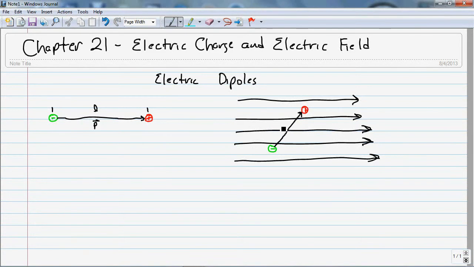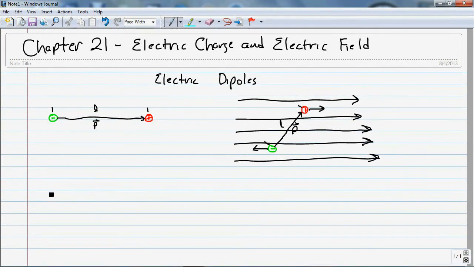What will happen is that the positive charge will want to go with the electric field, and the negative charge will want to go away from, or backwards from, the electric field. And I'm going to have my moment, or dipole moment, vector.